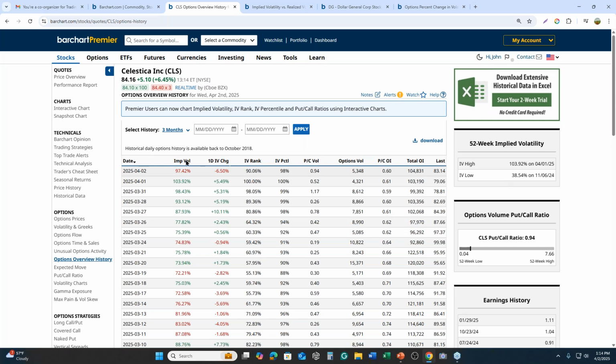But notice again here, that's a larger range. Today we see that the implied volatility changed by 6.5%, but our percentile only changed by 2% and our rank by 10%. So a larger range means that you'll get smaller impacts and changes in your rank and percentile. This is called width of distribution.